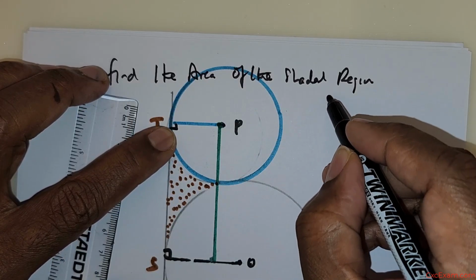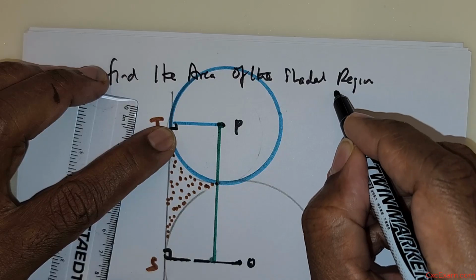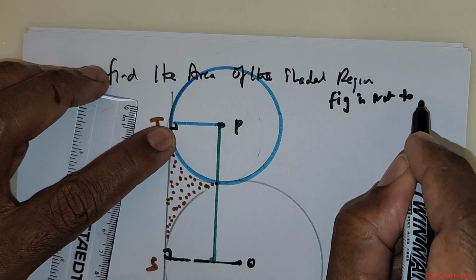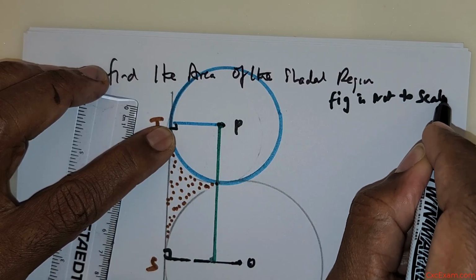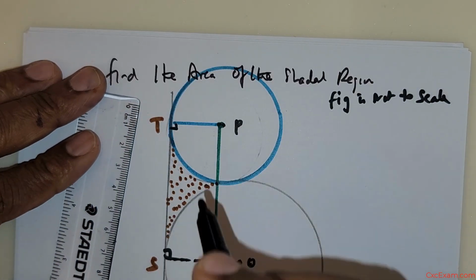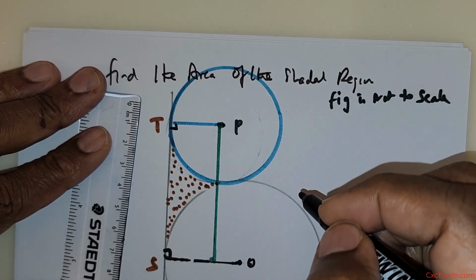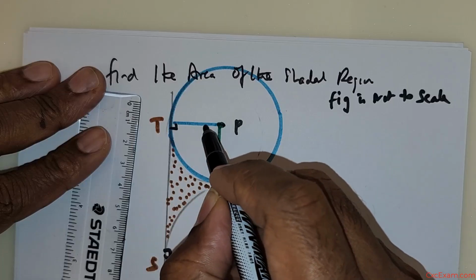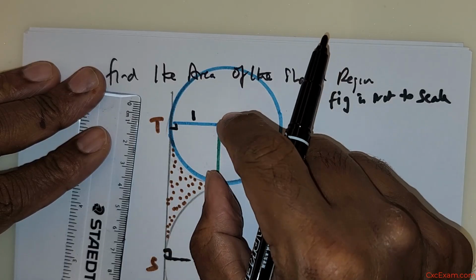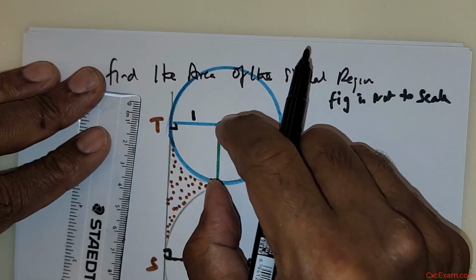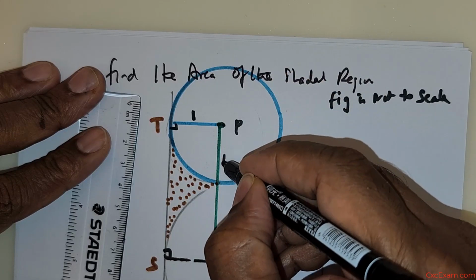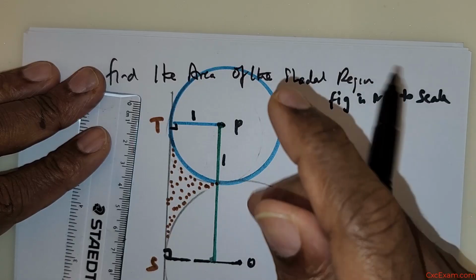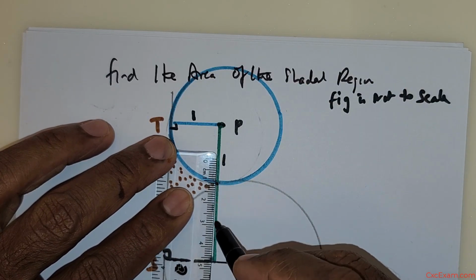Because of the complexity of the figure, it is imperative that we understand that figure is not to scale. Okay, so having mentioned that, let me write down the radii. So clearly TP is going to be 1 unit. This distance is also going to be 1 unit, right? This distance is the radii because P is the center. But we cannot outrightly say this distance.